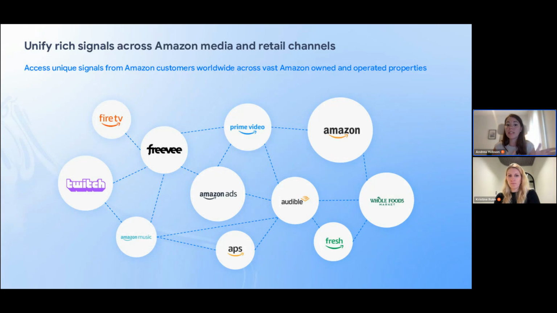For example, you can see how a DSP campaign drives activity to your sponsored products, or how media exposure in one channel influences purchases in another, all within a privacy safe environment. Essentially, it allows you to bring all of these signals across the Amazon ecosystem together and create insights that are rich and actionable.